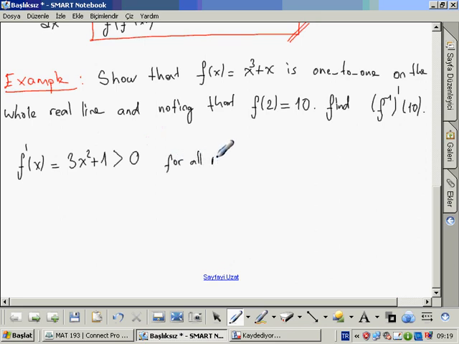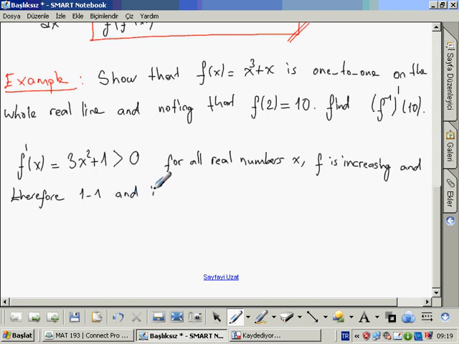For all real numbers x, f is increasing and therefore a one-to-one function and invertible.